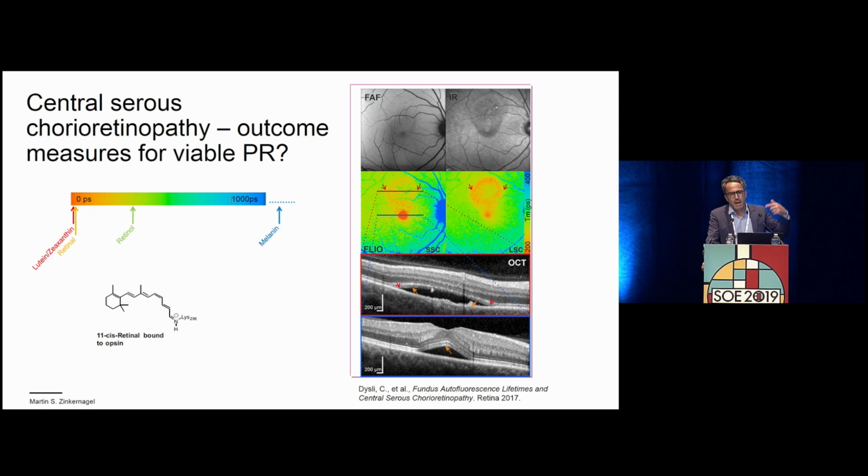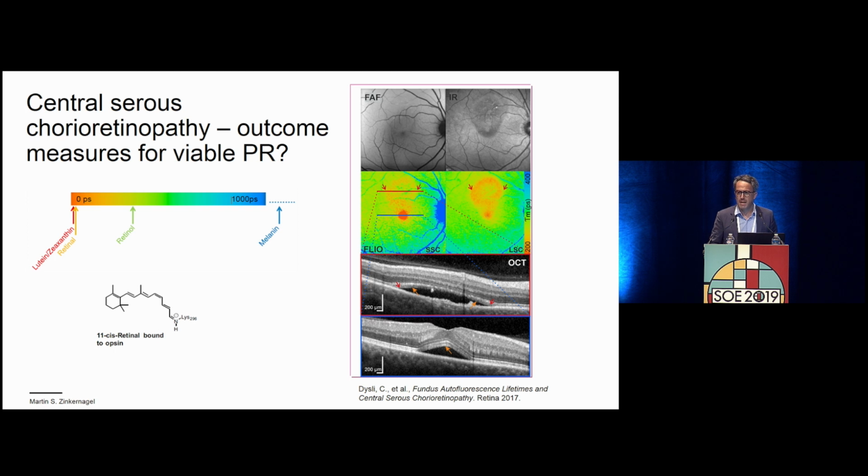So when you remember the table we had a look at before, this retinal derivative with very short lifetimes, we believe that these short lifetimes you see in this area of detached retina here with the subretinal fluid really derive from retinal, because this is accumulated in these outer photoreceptors and cannot be digested by the retinal pigment epithelium.